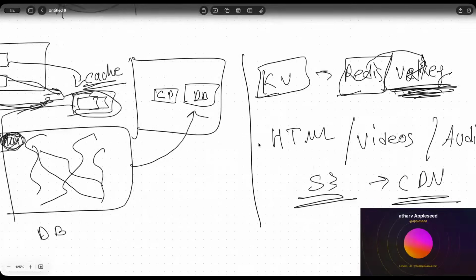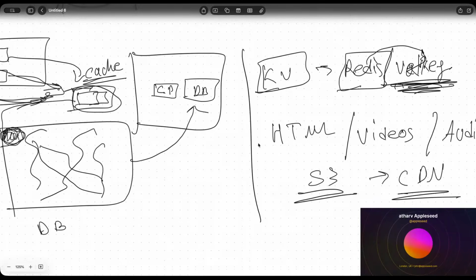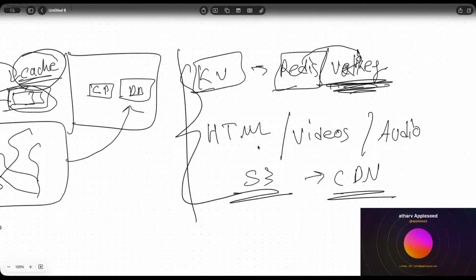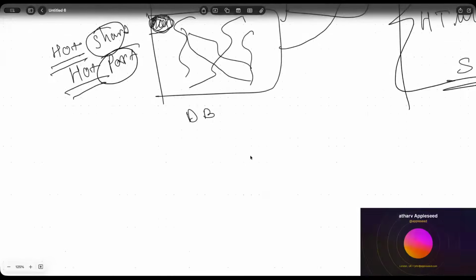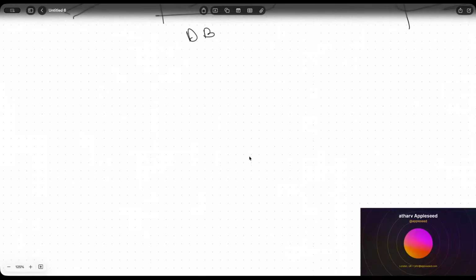It should be in a CDN. So this cache can be replaced with whatever instance of cache that is best for our scenario. Okay, so up to this point we are solving pretty much 90% of system problems.